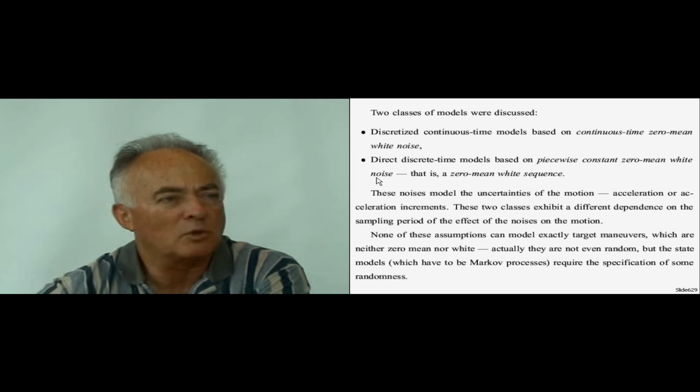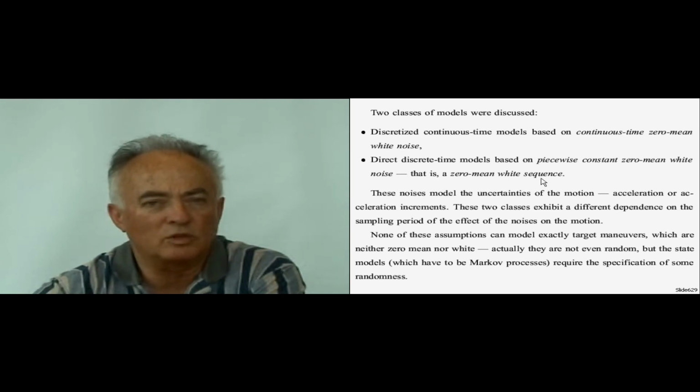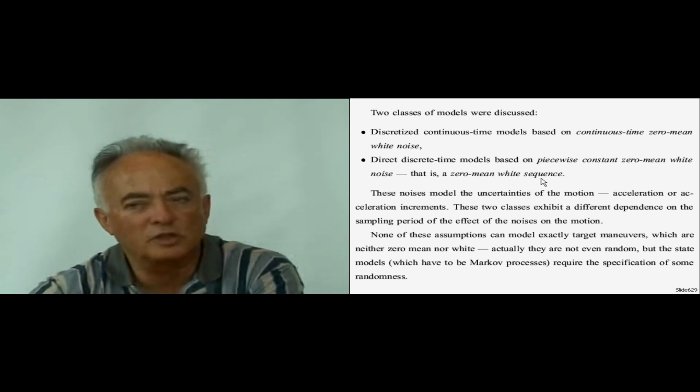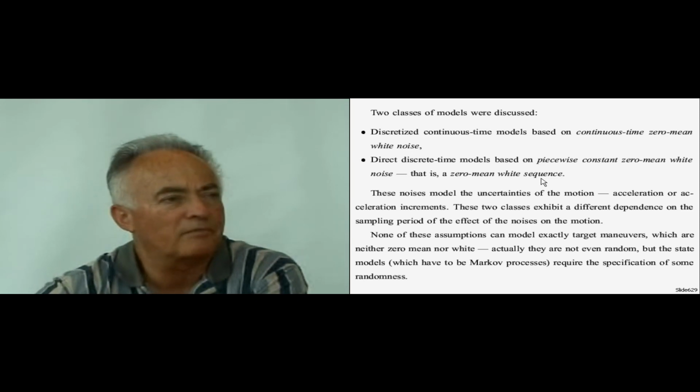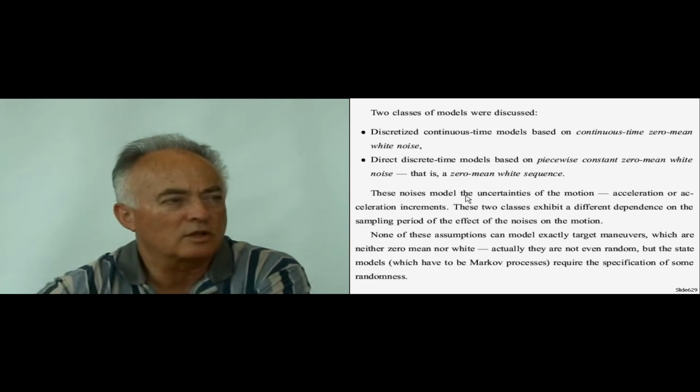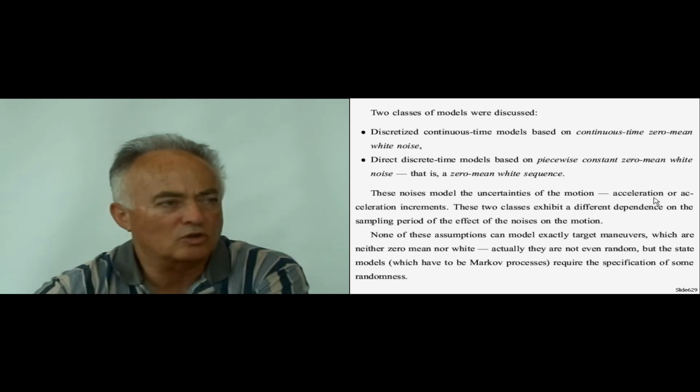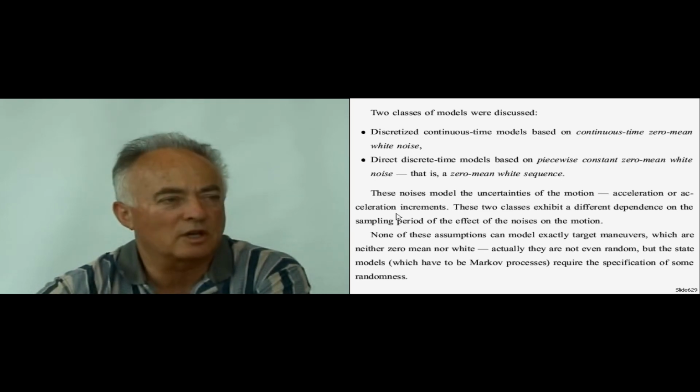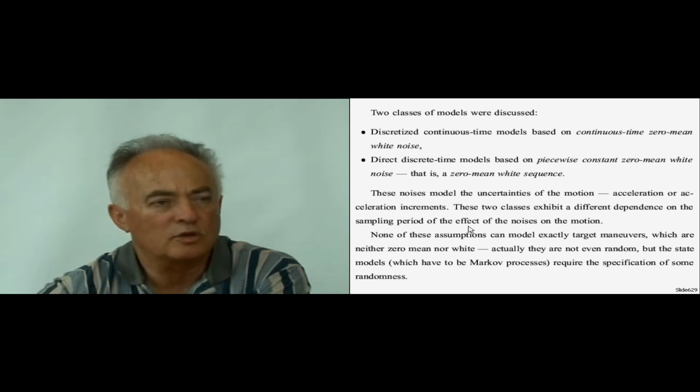That is a zero mean white sequence. So either define it in continuous time and discretize, or go and directly define it in discrete time. These noises model the uncertainties, which are either acceleration or acceleration increments in our case, and they exhibit different dependence on the sampling period of the effect of the noises on the motion.